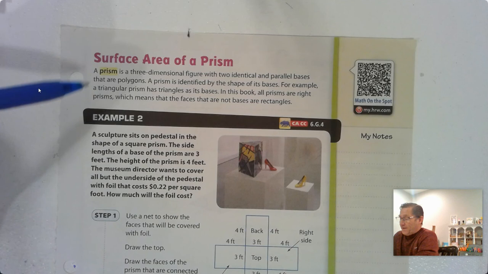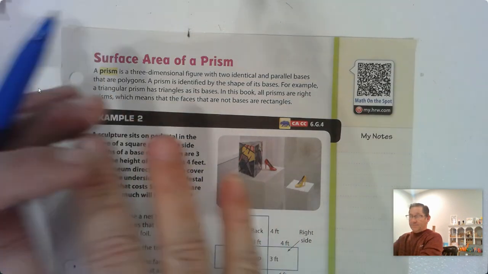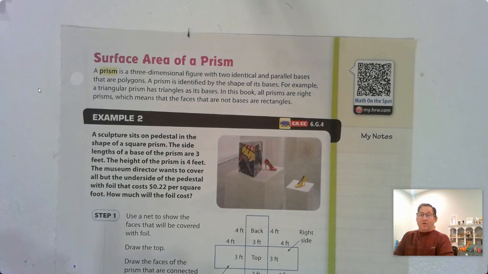For example, a triangular prism, the reason we call it a triangular prism is it has triangles as its bases. And in the Go Math book for 6th grade, all the prisms we encounter are what are known as right prisms, which means that the faces that are not bases are rectangles.